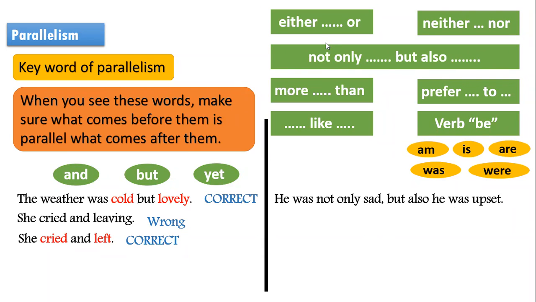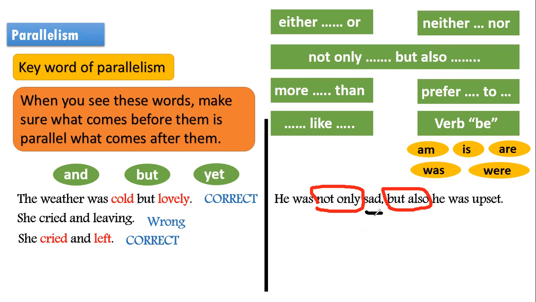He was not only sad, but also he was upset. Let's stop here a little, please. Can you see this? Not only, and this, but also. I told you here that whatever comes after "not only" should be the same as what comes after "but also." Here we have the word "sad" coming after "not only." What's the word "sad"?